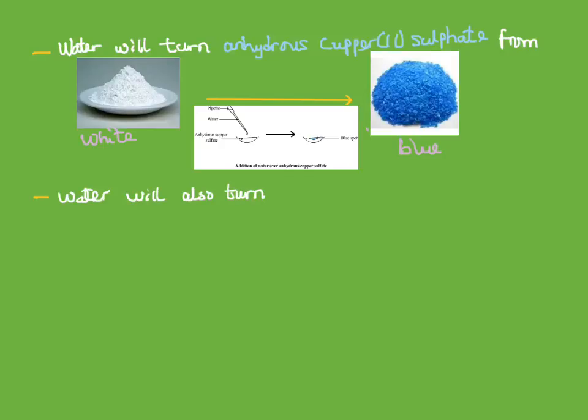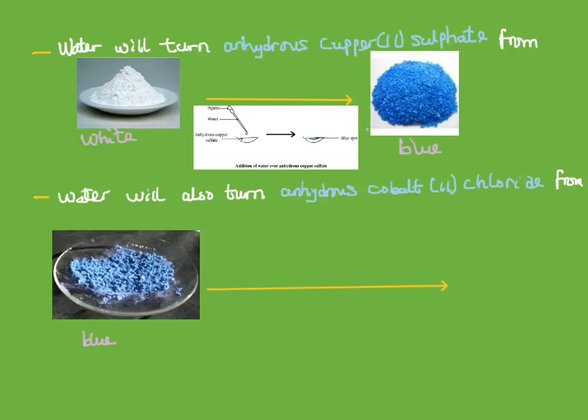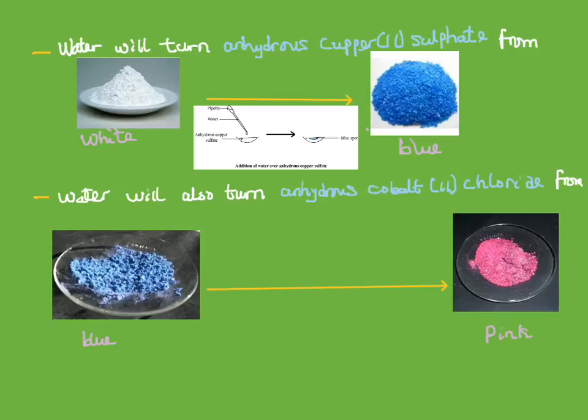Water will also turn anhydrous cobalt 2 chloride from blue to pink. The equation for these two reactions is as thus. Copper 2 sulfate, which is white in color, when it reacts with water, will give rise to hydrated copper 2 sulfate, which is blue.